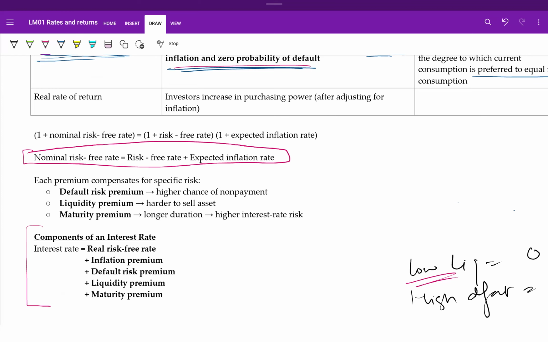And we can rewrite this by moving the risk-free rate here, so that nominal risk-free rate minus the expected inflation gives the real rate. That's the equation here. And the exact relationship is the above one: 1 plus nominal risk-free rate equals 1 plus real risk-free rate times 1 plus expected inflation.